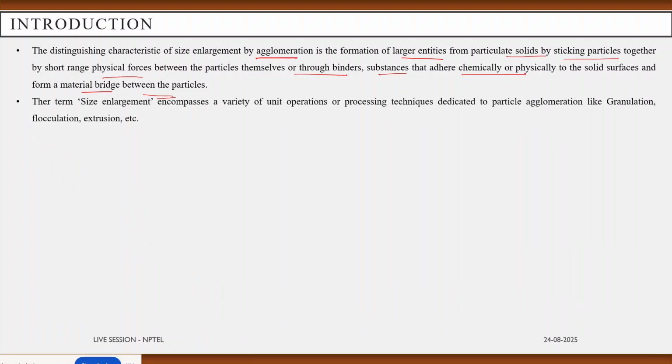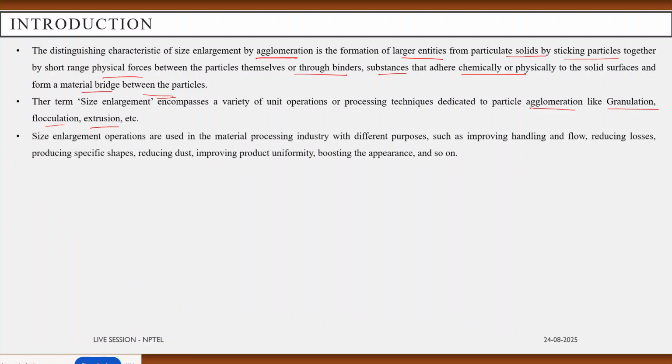So the term size enlargement encompasses a variety of unit operations or processing techniques dedicated to particle agglomeration, like granulation, flocculation, extrusion. Size enlargement operations are used in different material processing industries for different purposes, such as improving flowability or handling ability.